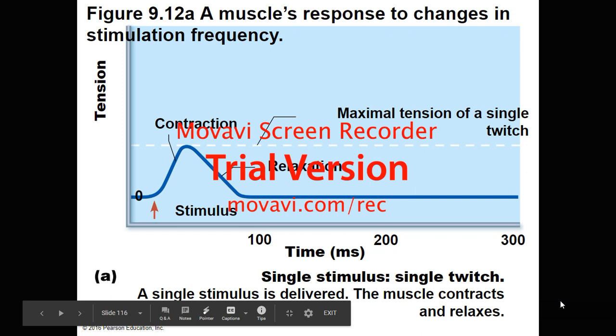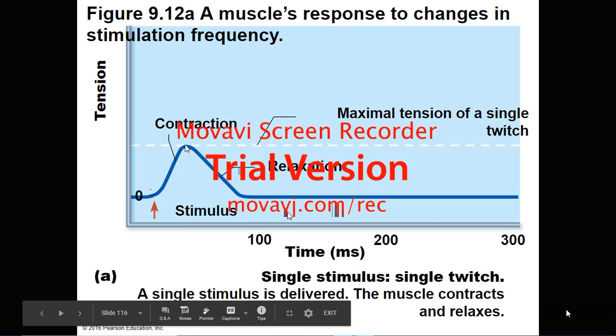This is a single stimulus, a single twitch. So you see the stimulus, it contracts, and then it relaxes. When a single stimulus is delivered, the muscle contracts and it relaxes.